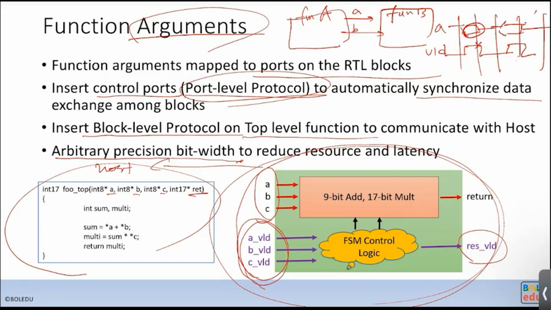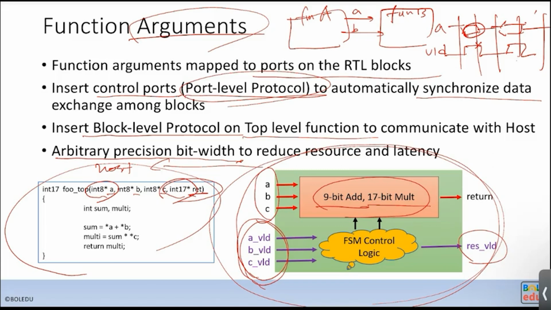For example, in argument A, you use a certain bit width, and the resultant output only needs 17 bits. With arbitrary precision bit width, the HLS synthesis will instantiate the appropriate bit width for the operator. For example, here it instantiates a 9-bit adder and a 17-bit multiplication.